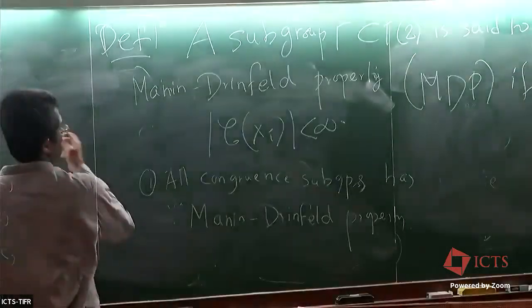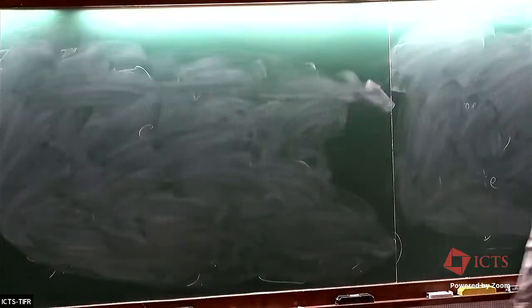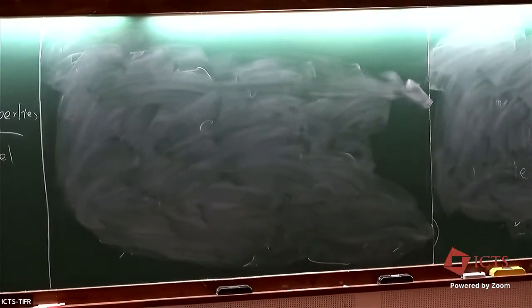So I choose this, you see, we're taking the summation over i from 0 to n minus 1. So I choose your representative.